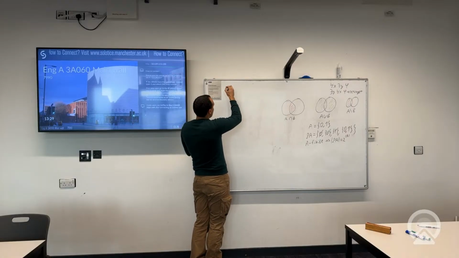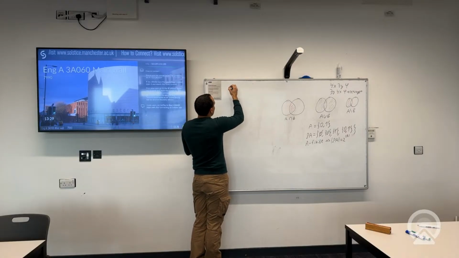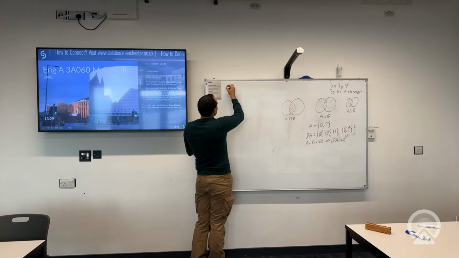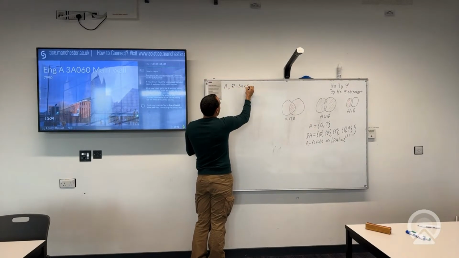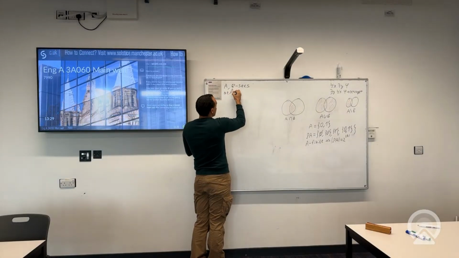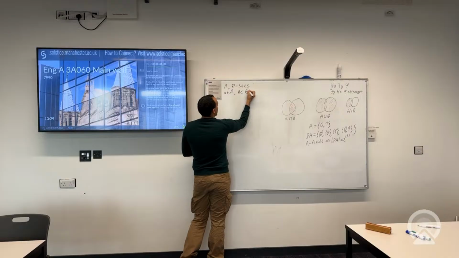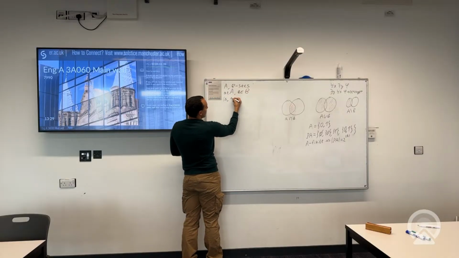And so another operation: if we have A and B sets, a belongs to A and b belongs to B, we can form the ordered pair.